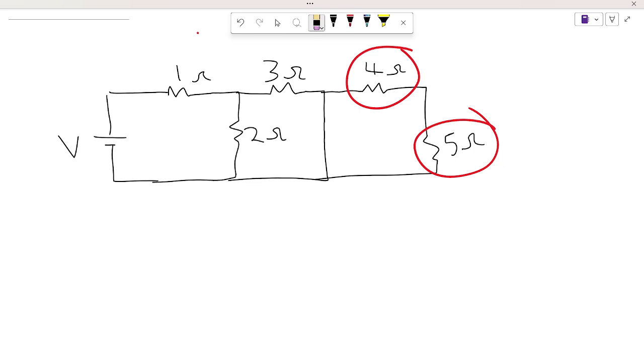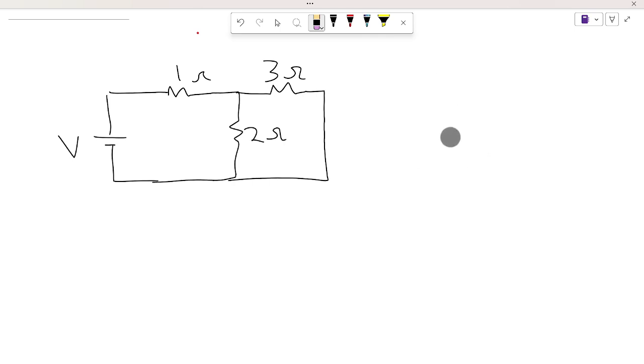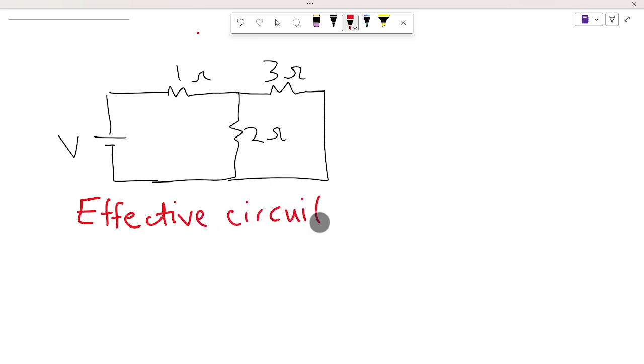So this is what is going to be left of our circuits. So this would be our effective circuits. Okay.